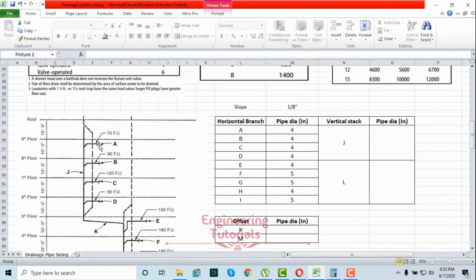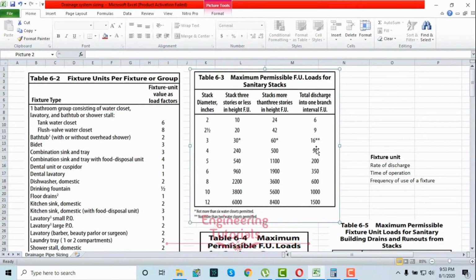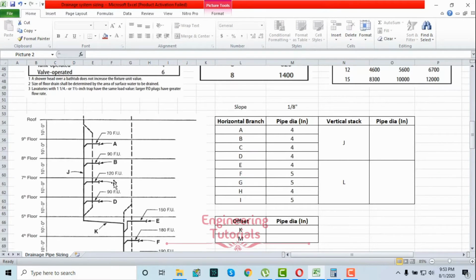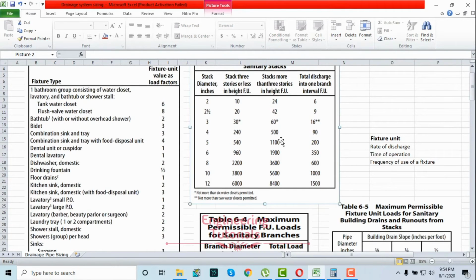If you check, 70 is okay, 90 is okay, 90 is okay, but here we have 120 fixture units. So the branches connected to the stack J are not satisfying the condition of 90 fixture units. This exceeds in one branch interval, so we cannot take this value for 4-inch pipe size.